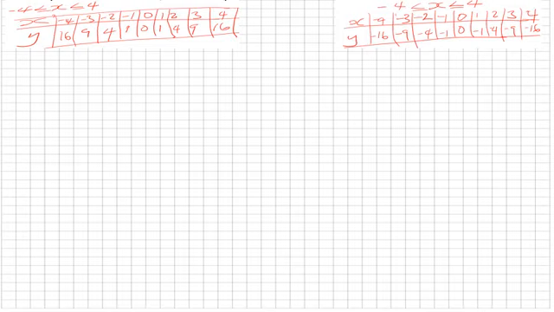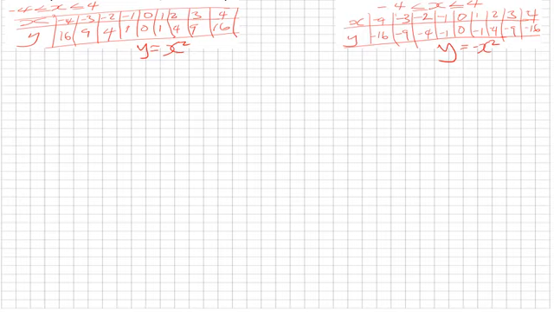Now let us draw these functions on this graph paper. This was y is equal to x squared, and this was y is equal to minus x squared. So we'll have the two graphs.